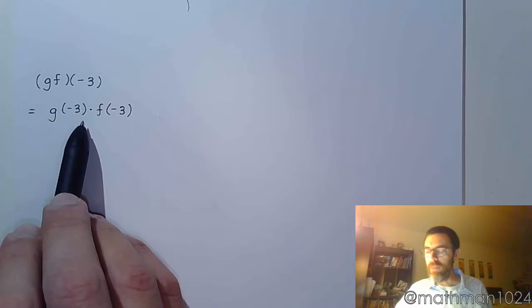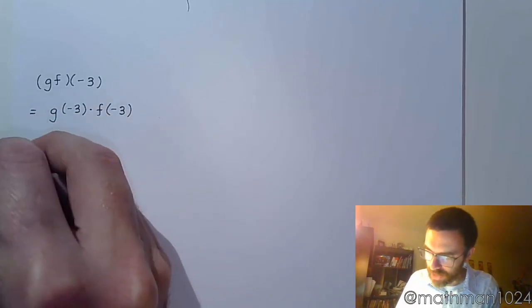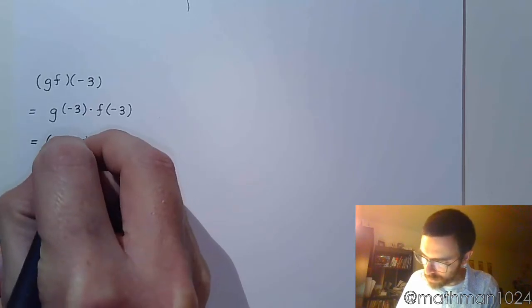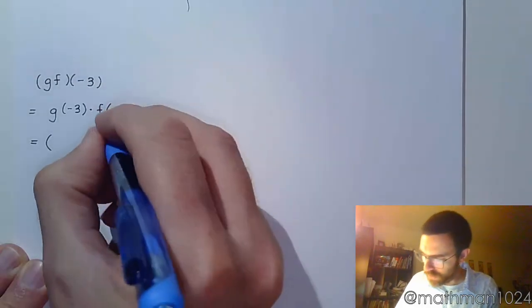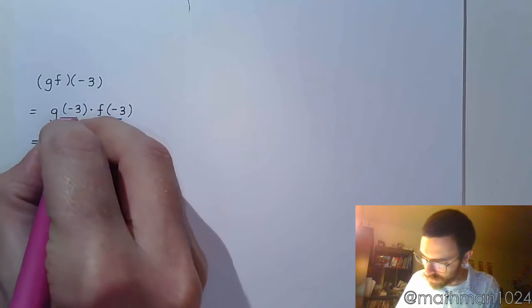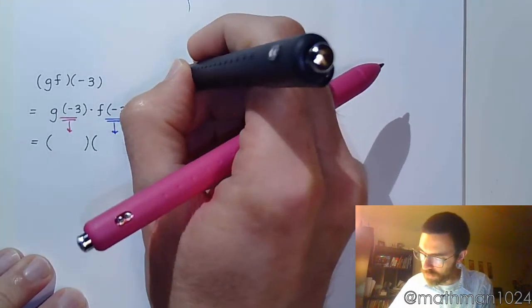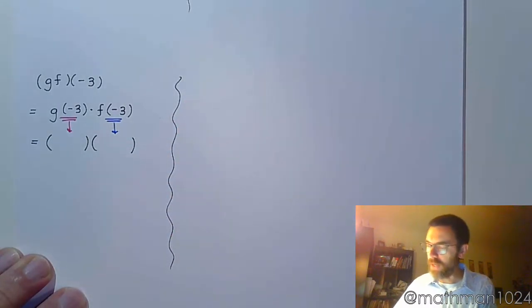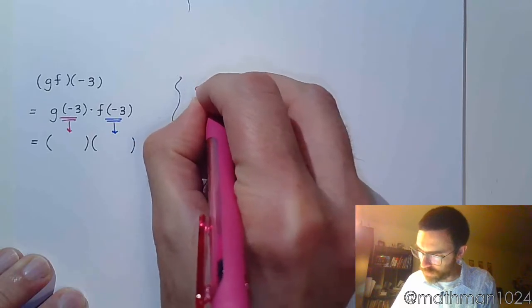Okay? So let's get the setup here. We know that this is going to be a number, and f of negative 3 is going to be a number. So we're going to figure that out, and we're going to figure this guy out, and we're going to do that over here on the side. So I'm going to start with g of negative 3.